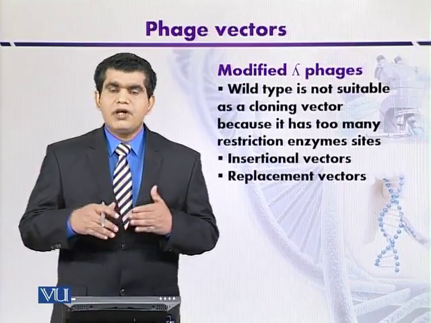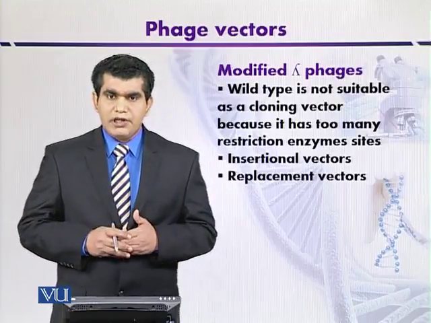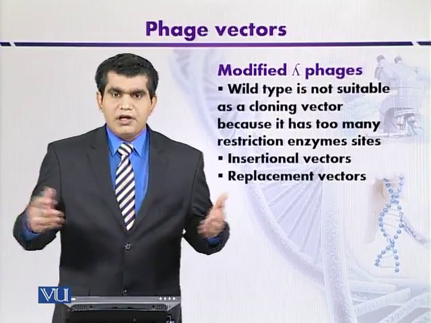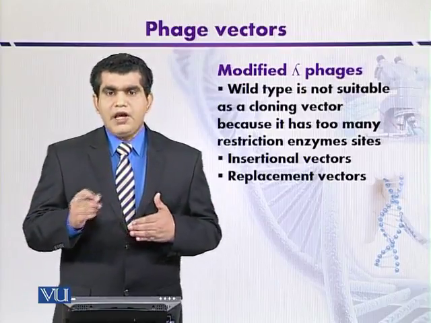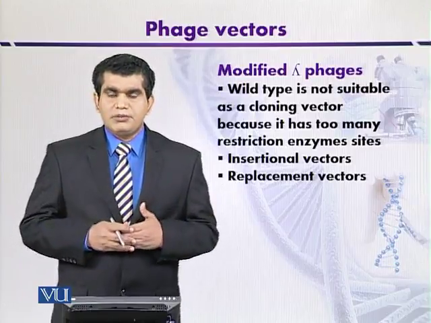Because here we are removing the non-essential region and replacing it with foreign DNA, तो इस वजह से इसको replacement vectors भी कहा जाता है. Like Charon 4A, ये इनको replaceable vectors भी कहा जाता है.